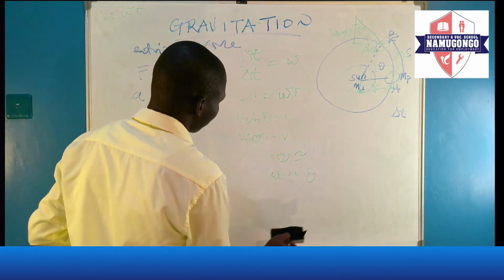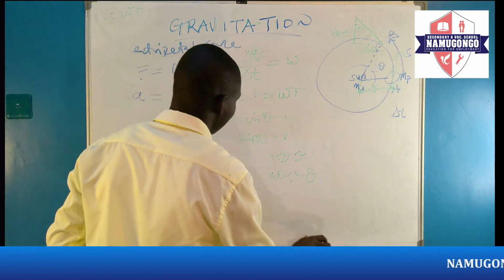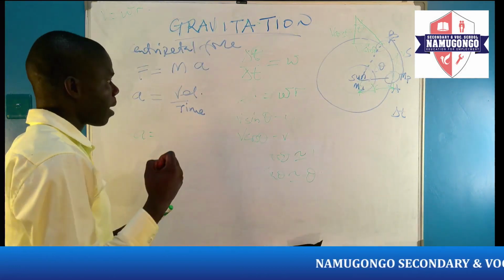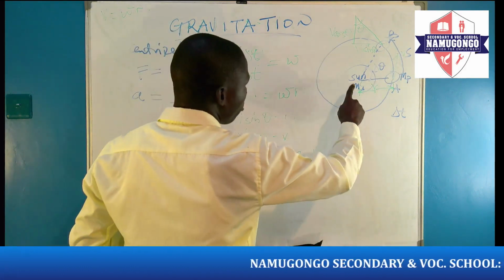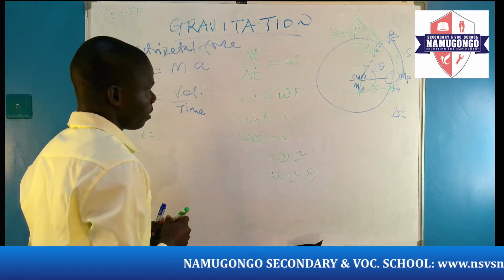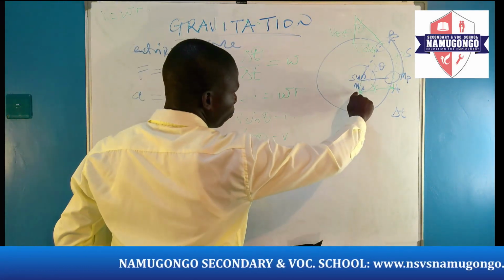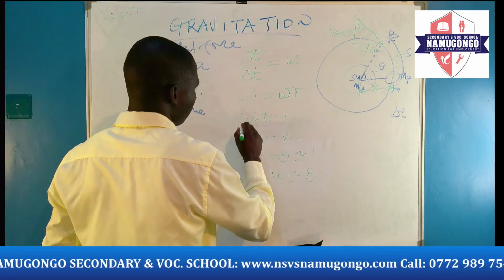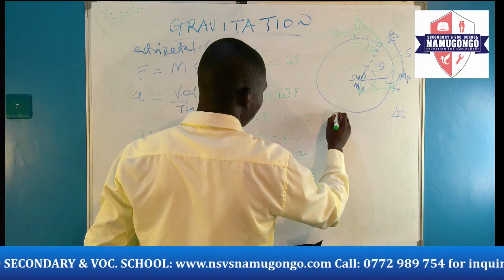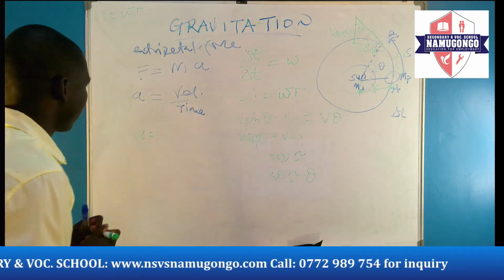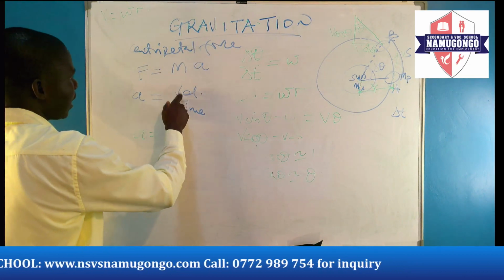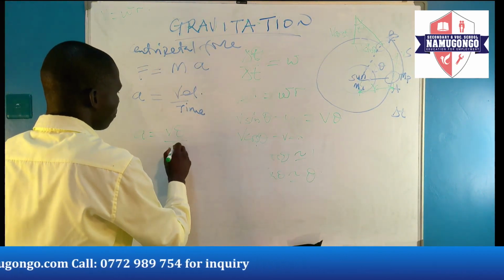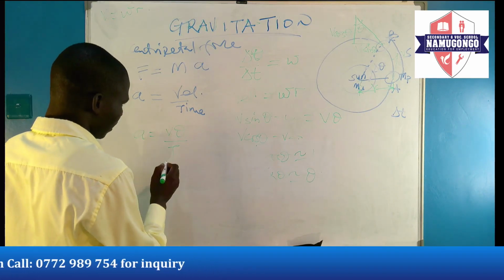Therefore, the change in velocity here will be given by the component of velocity parallel to OA. That is this one here. Because this one is 1 minus 1, we shall get 0, but this one will give us v theta. Therefore, the change in velocity will be v theta, divided by time t.